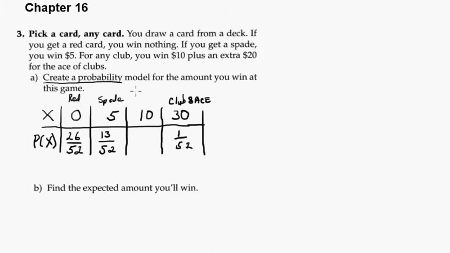And so the other is club and not an ace, so there would be 12 out of 52. This is called a probability model, just modeling the outcomes and their associated probabilities.